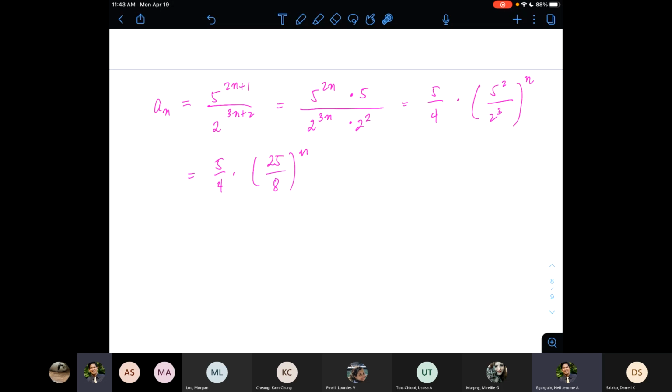So when you raise something greater than 1 to a large power, you will get a larger number, right? So that means this is increasing, because when n increases, 25 over 8 to the power n will also increase.